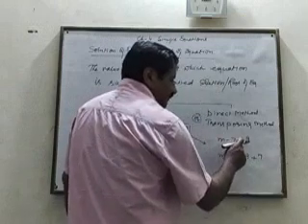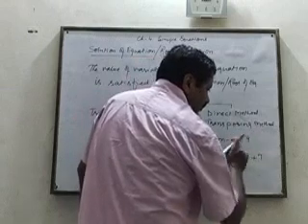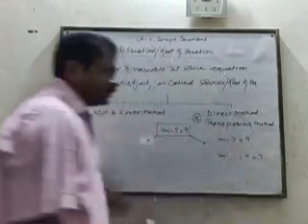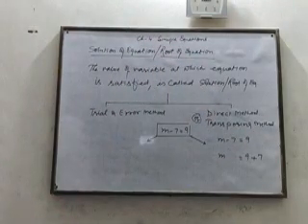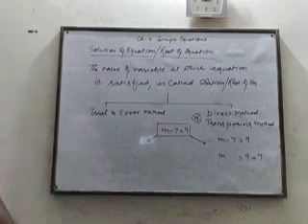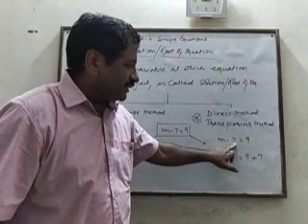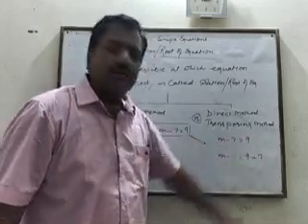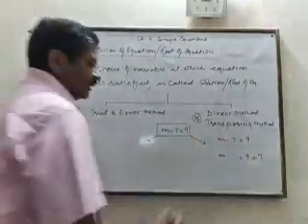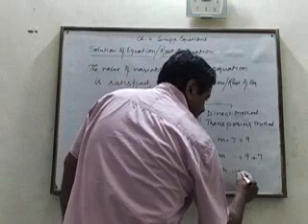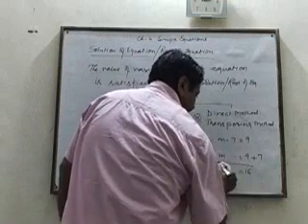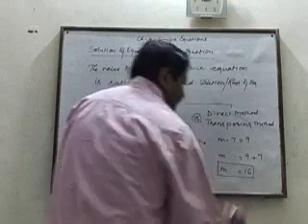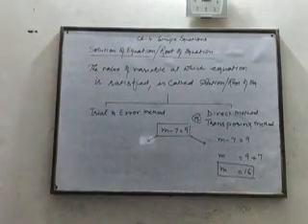So whenever we transpose a number from this side to that side or that side to this side, its sign will be changed. Like it is minus 7, so over there it will be plus 7. So m equal to 16. So directly we get the answer. m equal to 16 is the solution of the equation.